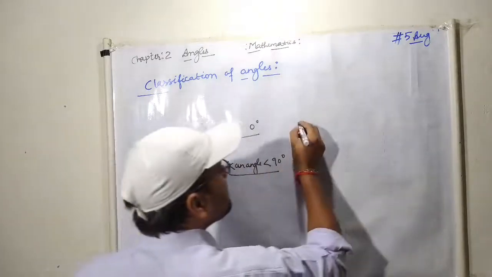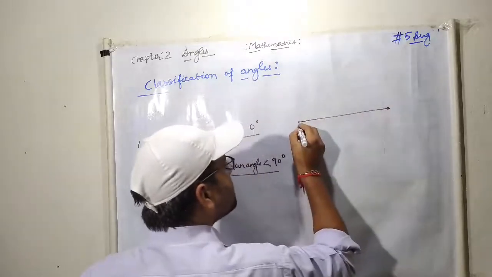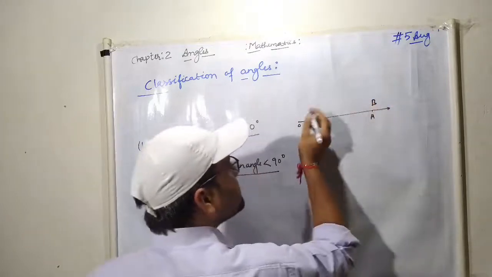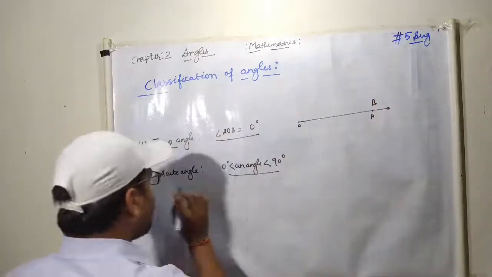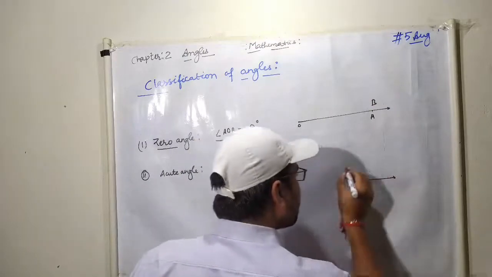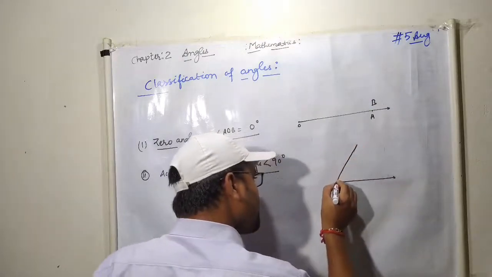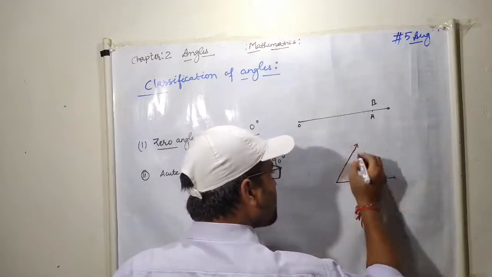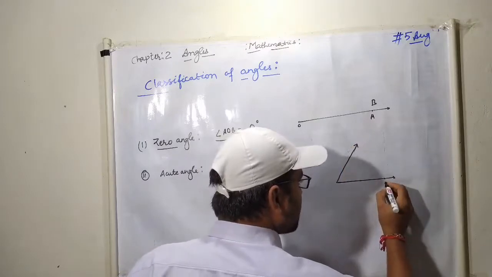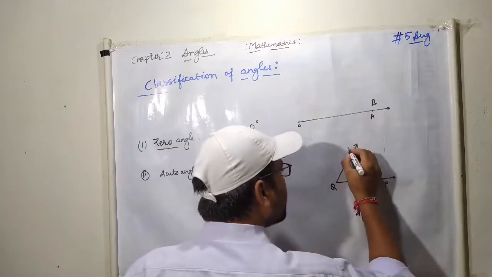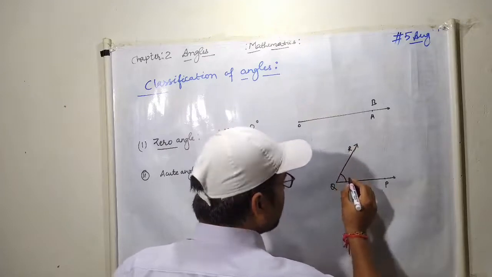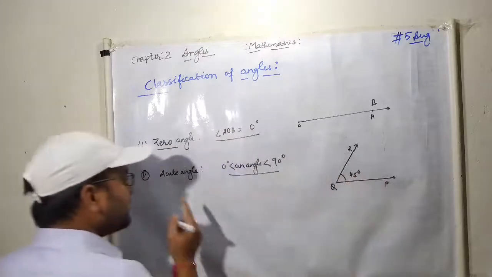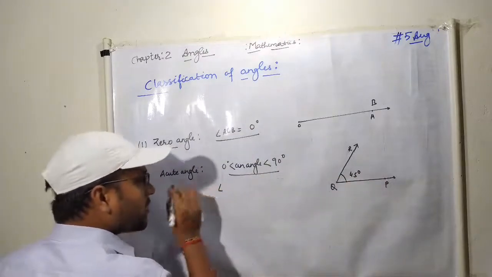When the two arms coincide each other, then it forms a 0 degree angle. And the acute angle: this is P, Q, and this one is R. It is greater than 0 degrees but less than 90 degrees, then this angle is known as an acute angle.